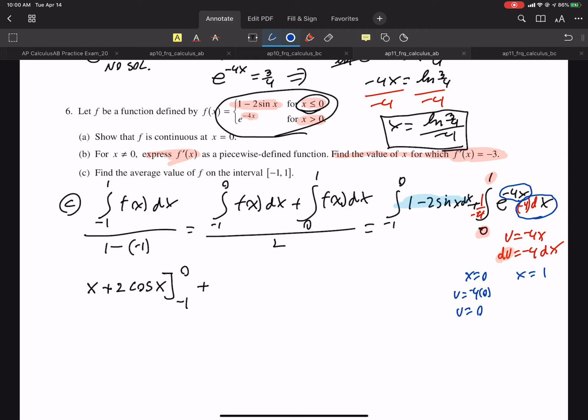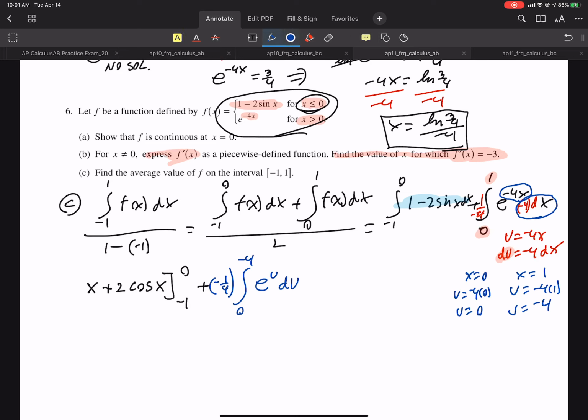When x is 1, u will be negative 4 times 1, u will be negative 4. So all that gets placed here, negative 1/4 integral from 0 to negative 4, e to the u du. So I just subbed everything out.